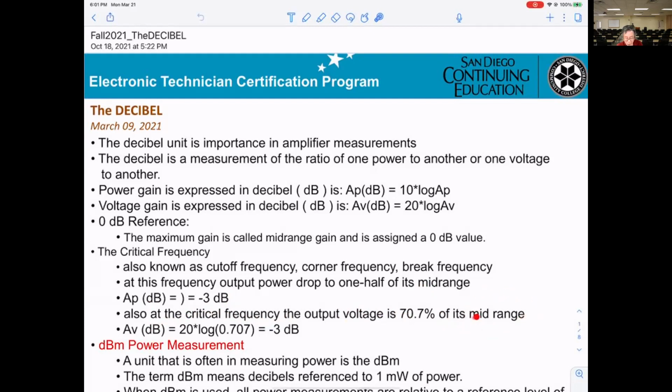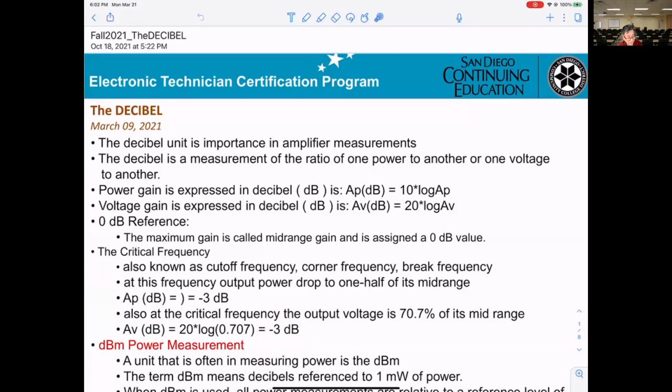Normally the gain at the mid-range for the voltage, V_out equals V_E, that means the gain equals 1. A_V in dB at the critical frequency will be 20 times log of 0.707, and that will be equal to minus 3 dB.